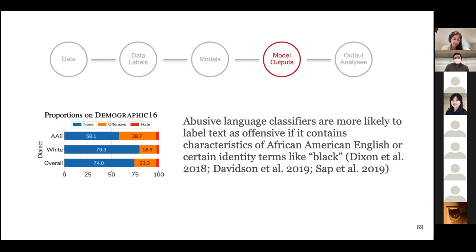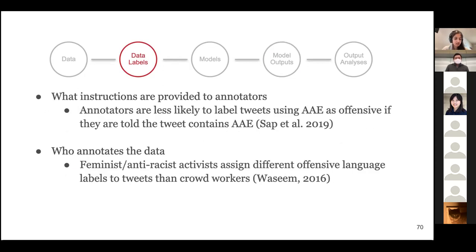So a sentence like "I am Black" is rated as being more offensive than "I am white" by hate speech and offensive language models. I shouldn't say a lot; there are particular models that have been tested. And some of this can be blamed on correlations that happen in the data. So if we were able to properly control for confounds in the data, then maybe we could prevent them.